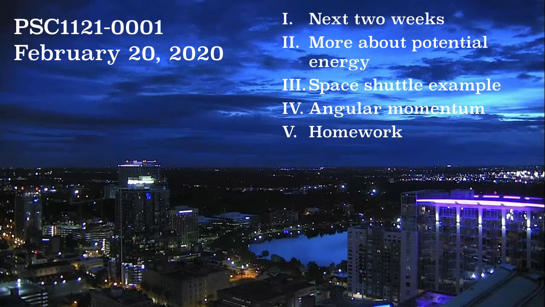And then we're gonna work out kinetic energy and gravitational potential energy for the space shuttle as it transitions from orbit to the landing strip at Kennedy Space Center. It's a huge amount of energy, and I think it's instructive. And then in part 4, we'll start talking about, I think it's chapter 5, angular momentum. And then there'll be some homework this weekend.